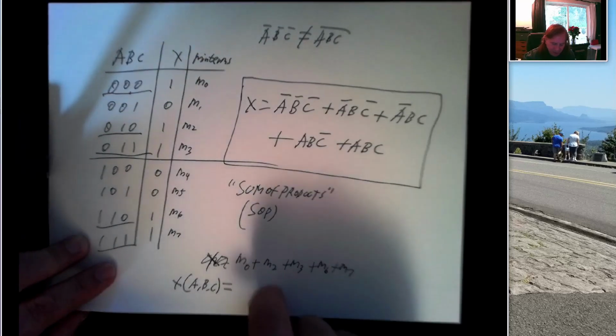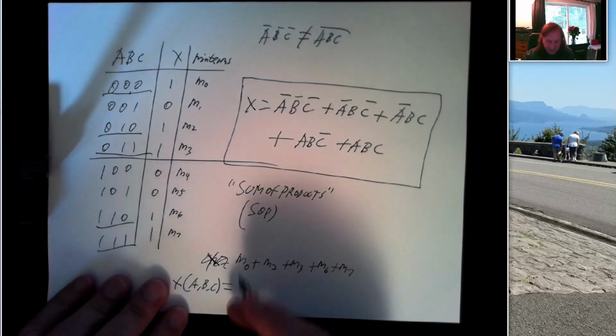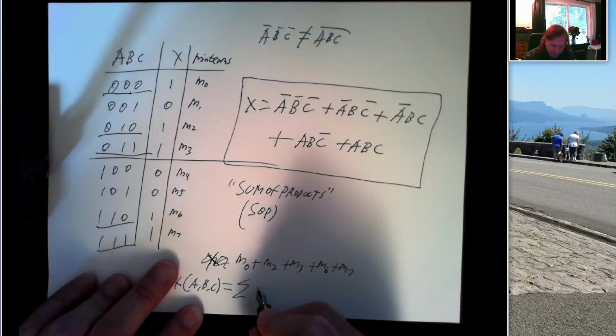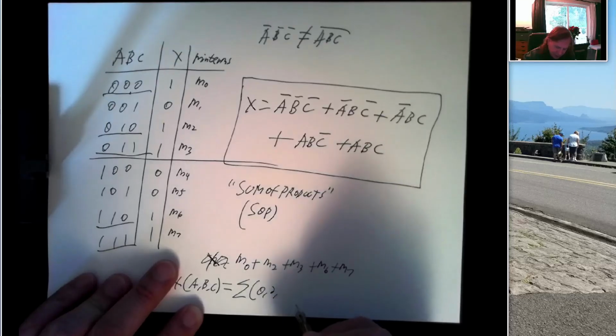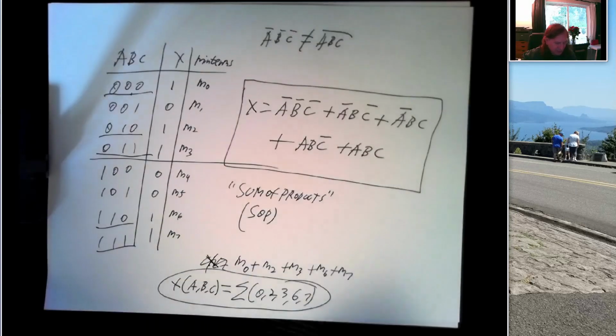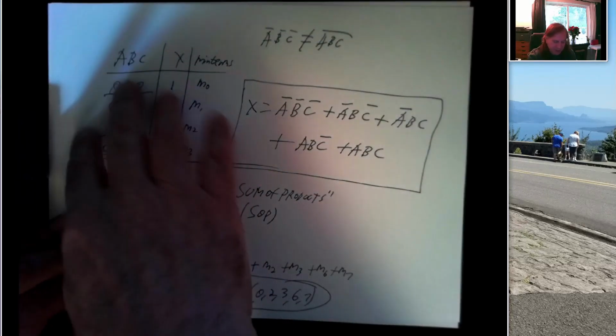Alright, well, we write this often enough that we can use an abbreviation to make this simpler. Sometimes we just write a summation sign for sum, and we say 0, 2, 3, 6, 7. And this is about the most succinct way of writing an equation for this truth table. And it captures all the information that's in here.